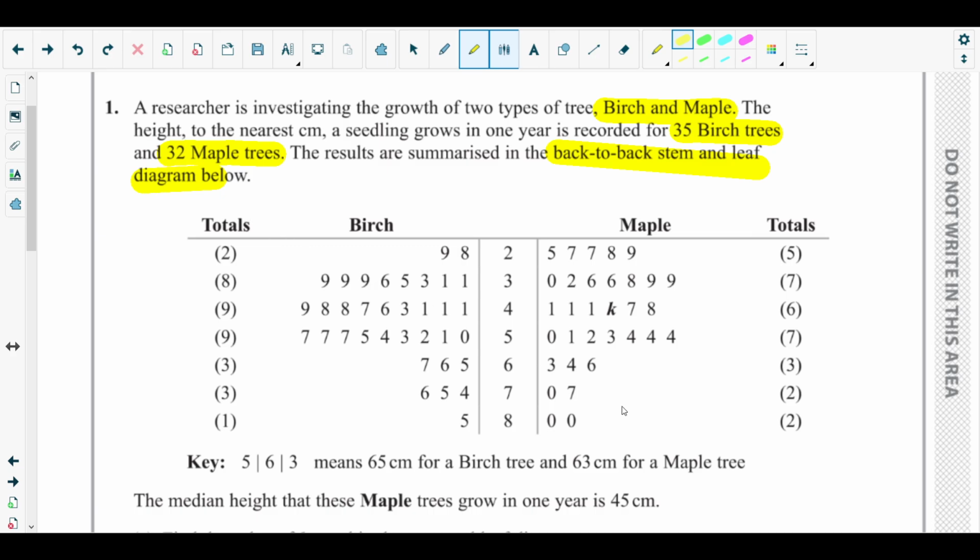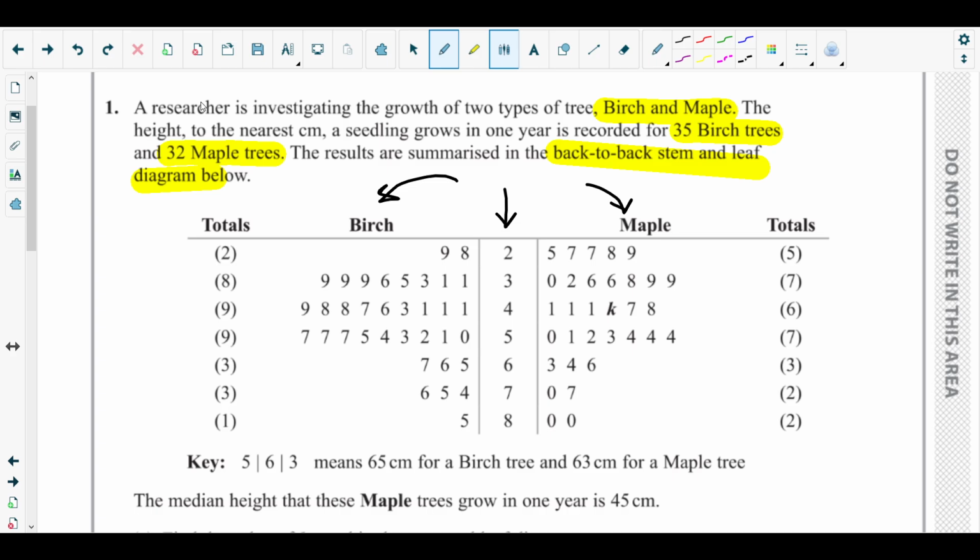What is a back-to-back stem and leaf diagram? You have learned about stem and leaf diagrams in chapter 3, that is representation of data. In a back-to-back stem and leaf diagram, there is a single stem, like here, and on either side there are two sets of leaves, maple and birch.